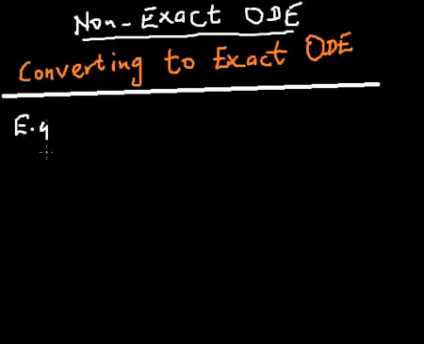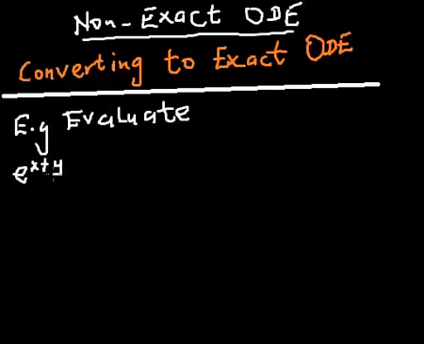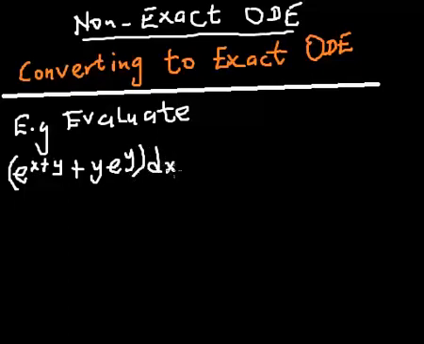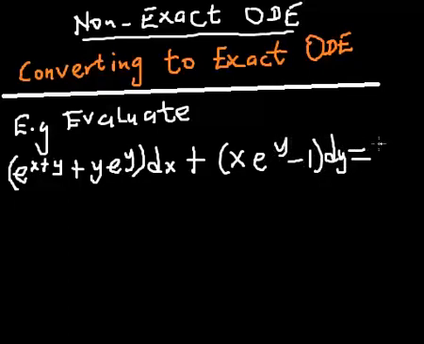Example, evaluate: exponent of x plus y, plus y exponent y, multiply by dx, then plus x exponent y, then minus 1, multiply by dy, is equal to 0.